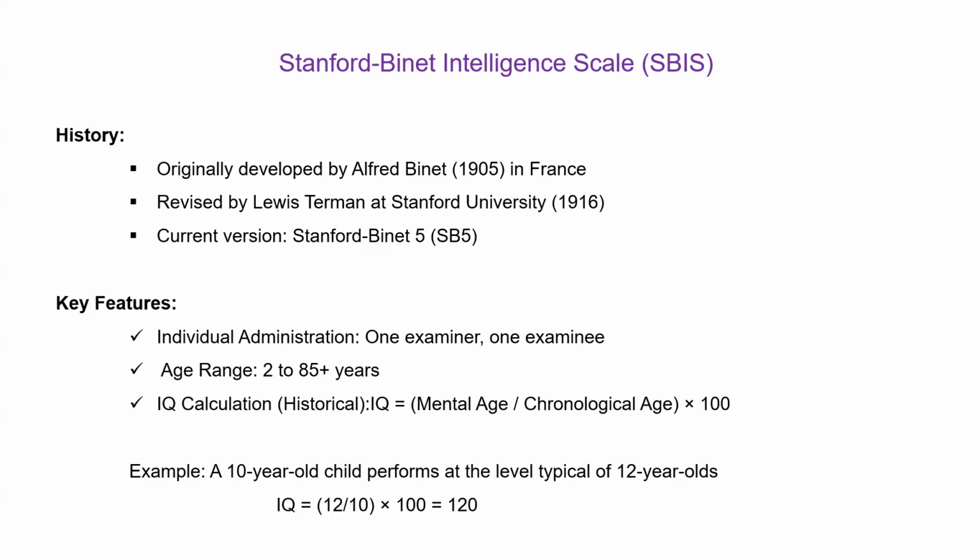Then it was revised by Lewis Terman at Stanford University in 1960. The current version is Stanford-Binet 5, SB5. If you search, you can find it out. I thought to search it, but I didn't have enough time to do it. You can search it and find it.